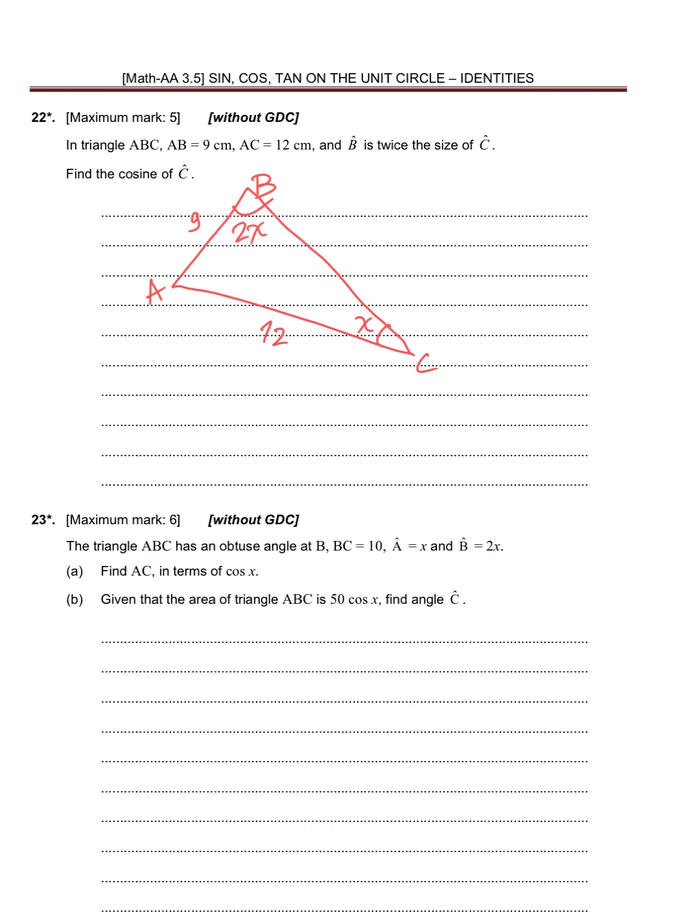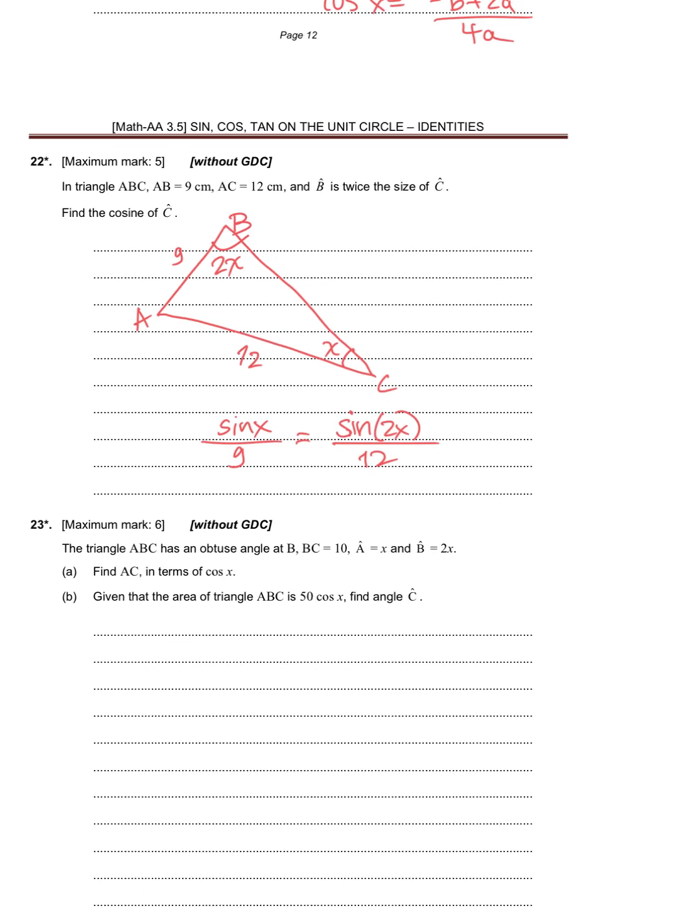So we have, all right, so we need, I guess we use sine. So sine x over 9 equals sine 2x over 12. And we need cosine C. And I'm just going to write it up here.